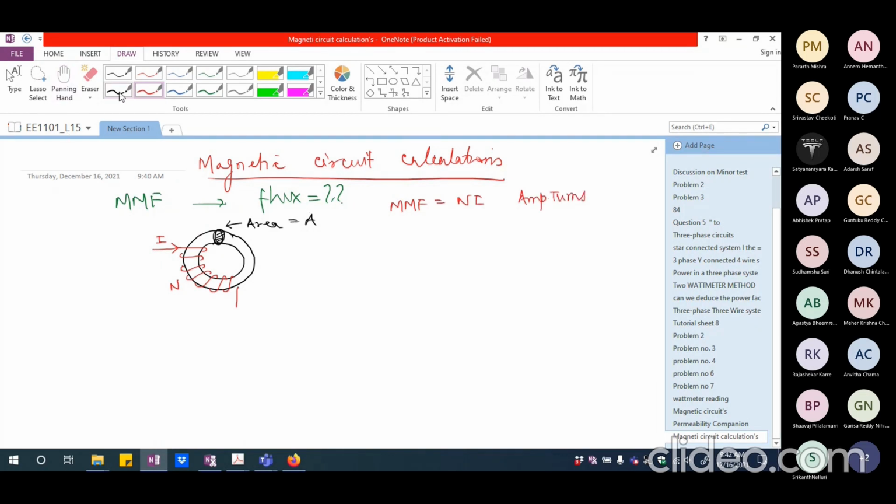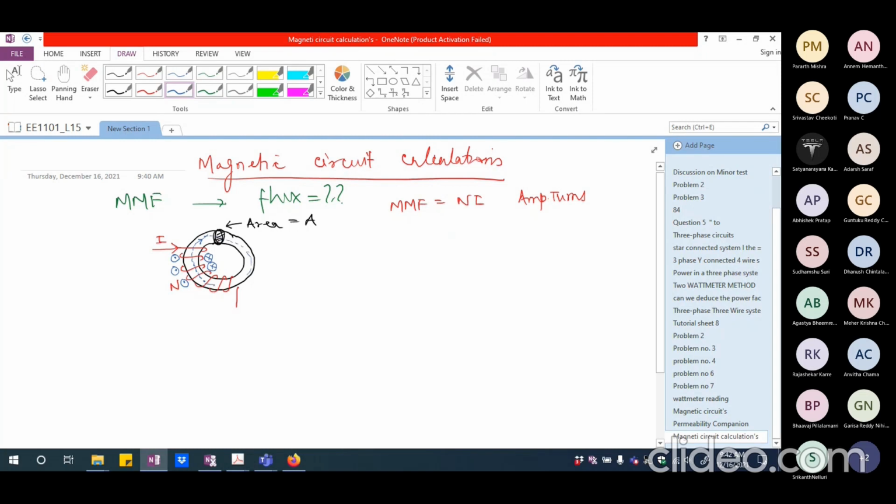Okay. Now I'm going to look at the flux that is produced here. Because the current is coming out here, I should show this as dot and this as cross. Like yesterday, if I hold my right hand, the fingers indicate the direction of current, whereas the thumb indicates the direction of the magnetic field. So the magnetic field line will be somewhat like this; it is going to be clockwise.